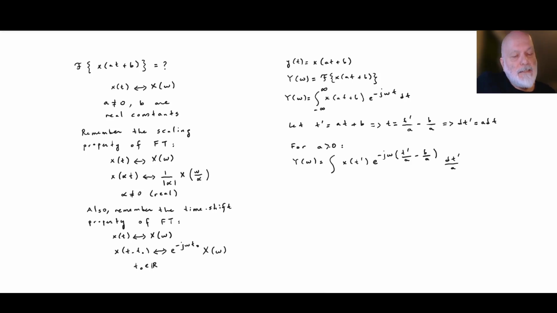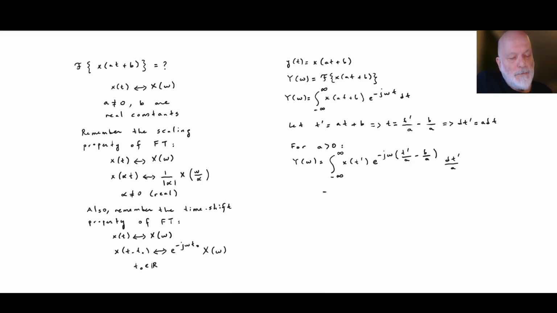Now, since a is positive, when t tends to minus infinity, t prime also tends to minus infinity. And again, since a is positive, when t tends to plus infinity, t prime also tends to plus infinity.